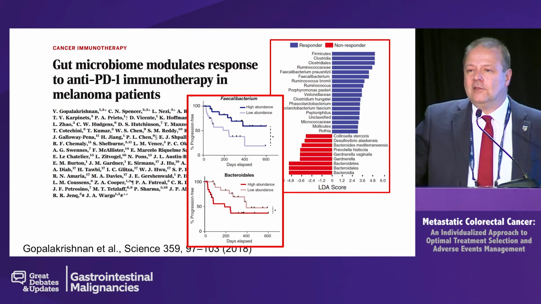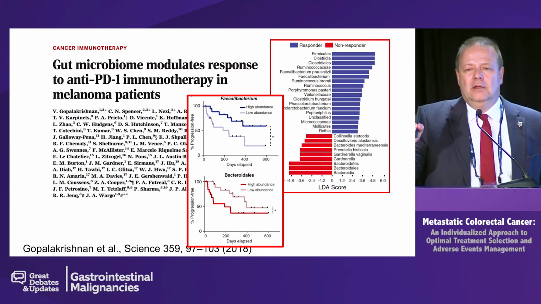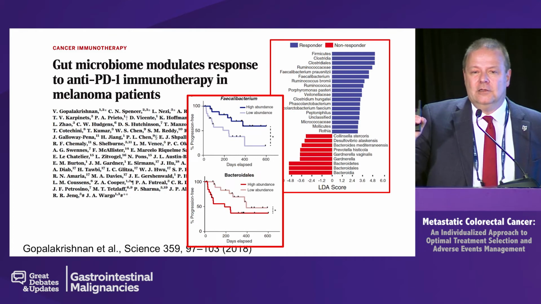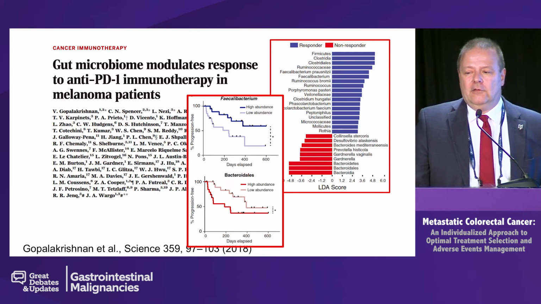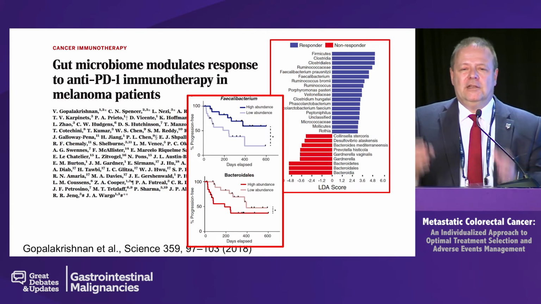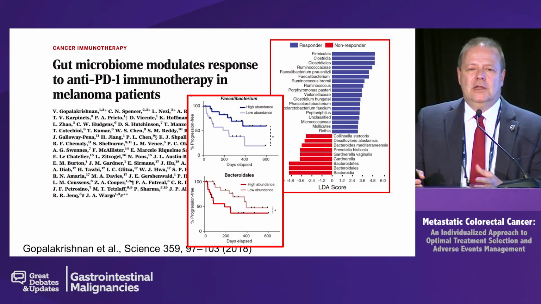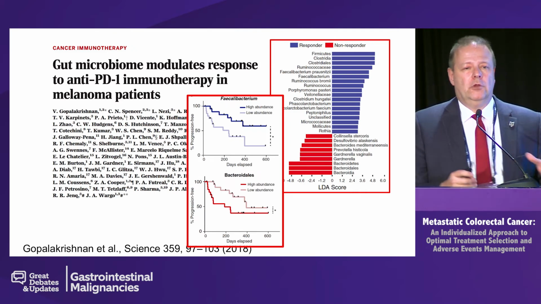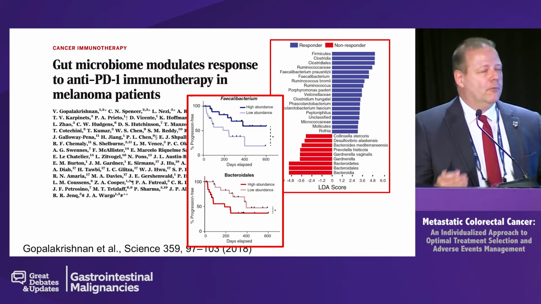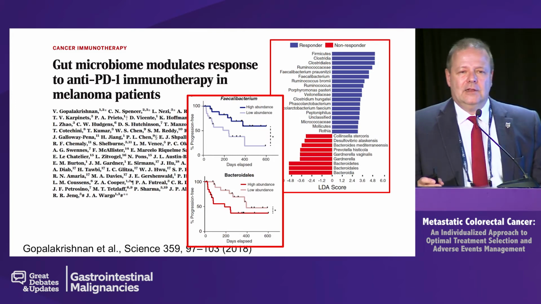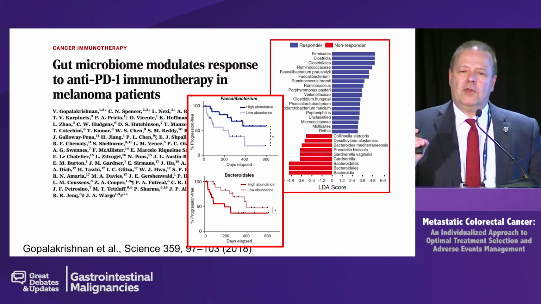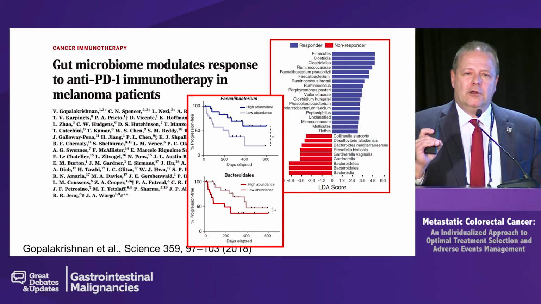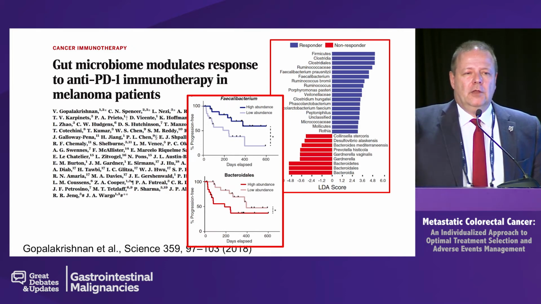In distant metastatic disease, so you have a melanoma, which has nothing to do with your gut, and has metastatic disease, and use PD-1 antibodies, and depending on what kind of bacteria in the patient's gut, there is a differential effect whether patients have a chance to respond to immunotherapy or not. So the gut microbiome, and I don't want to go into details here, serves as an immune modulator, or can predict whether or not patients have a response to immunotherapy.